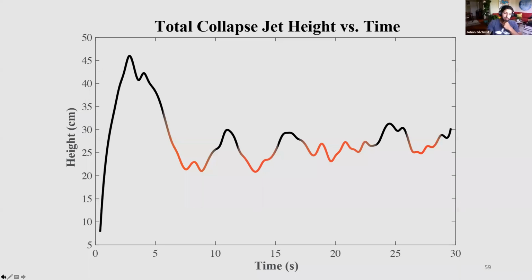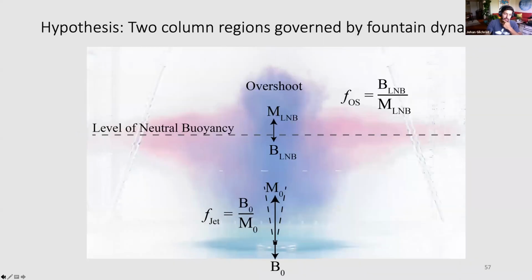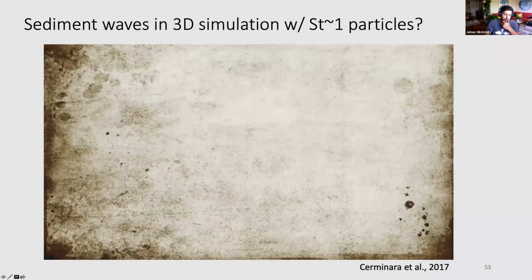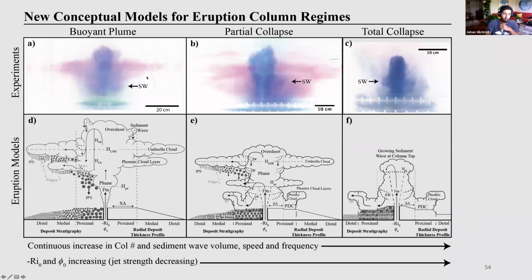Yeah, that's a really good question. I'd like to run more experiments that are near that buoyant plume partial collapse transition in terms of the source conditions, because as I was mentioning to Leif's question, there's this complex interaction between rising Phoenix clouds and sediment waves in this settling annulus region, and we also see interactions between sediment waves.